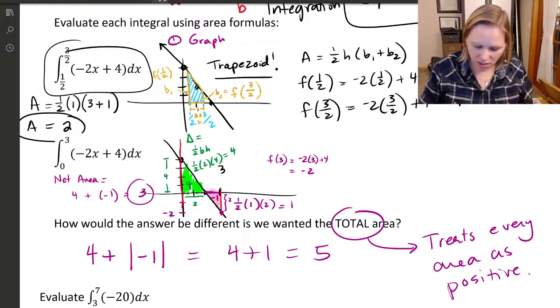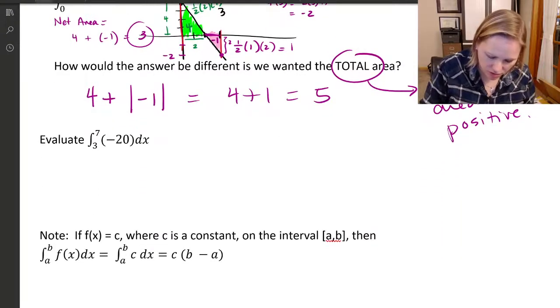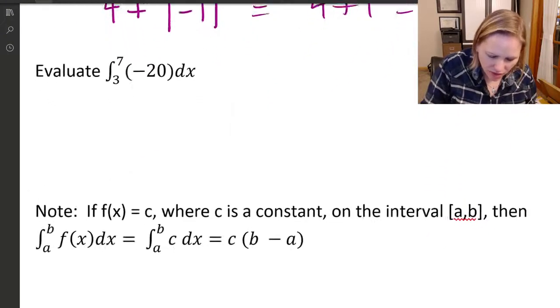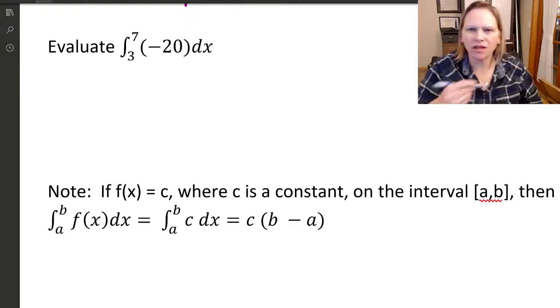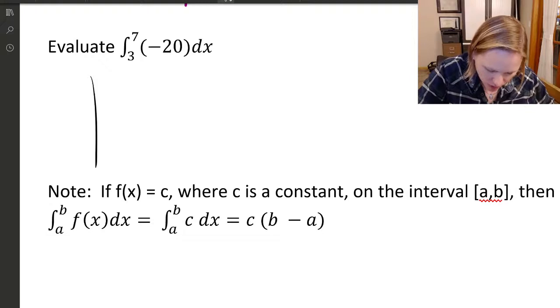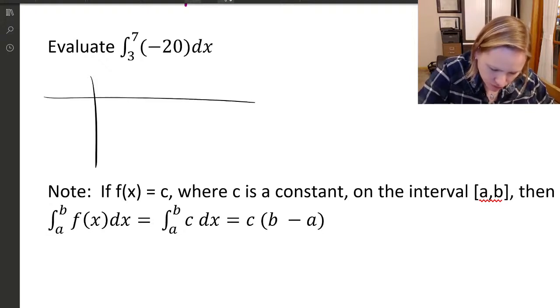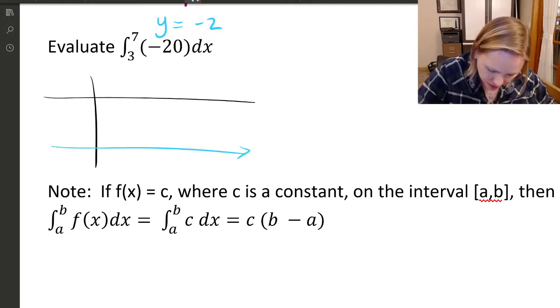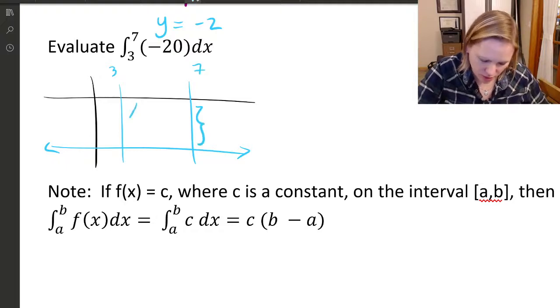So let's take a look at a couple more integrals here. When I evaluate this integral, negative 20, it's a constant. That's kind of weird. Well, remember that when we graph something, y equals negative 20 is just a horizontal line. So from 3 to 7, it would be a rectangle.